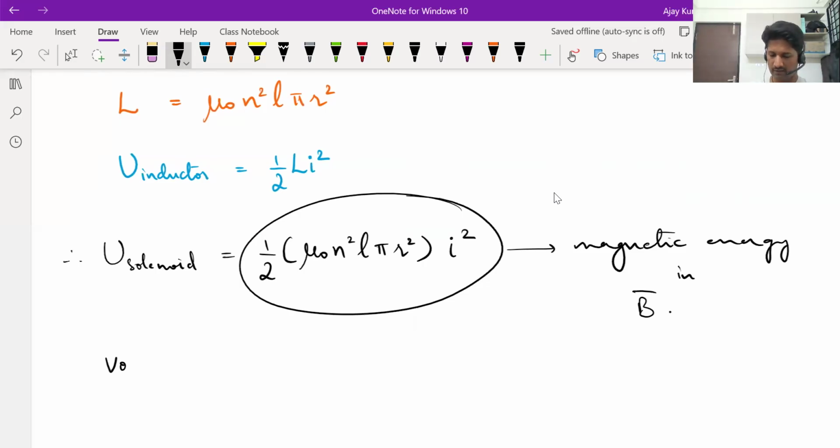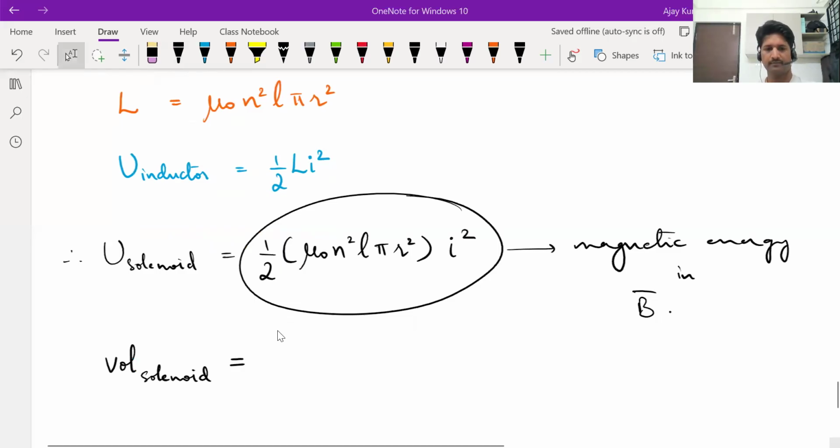One of you tell me, how do you express the volume of a solenoid? You said cylindrical, that is the hint. How do you express volume of a solenoid? Sir, pi r square h is the formula for volume of a cylinder.